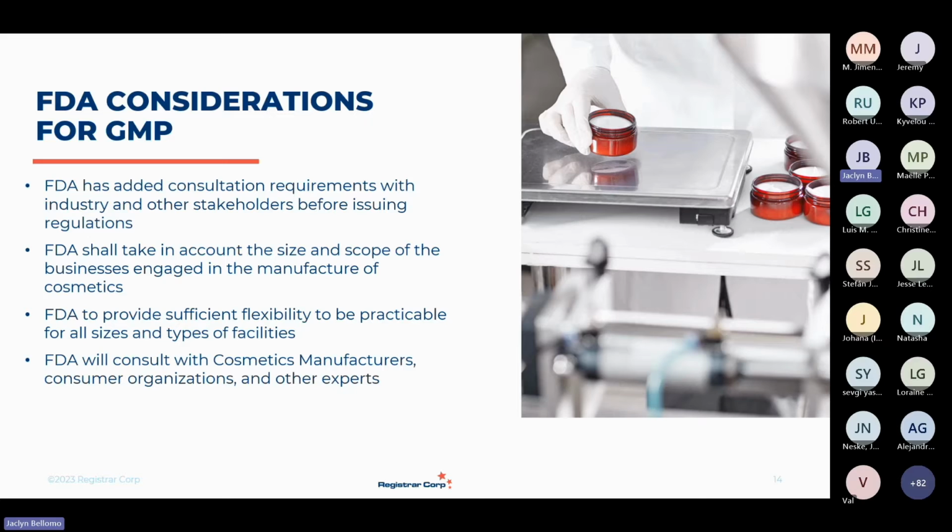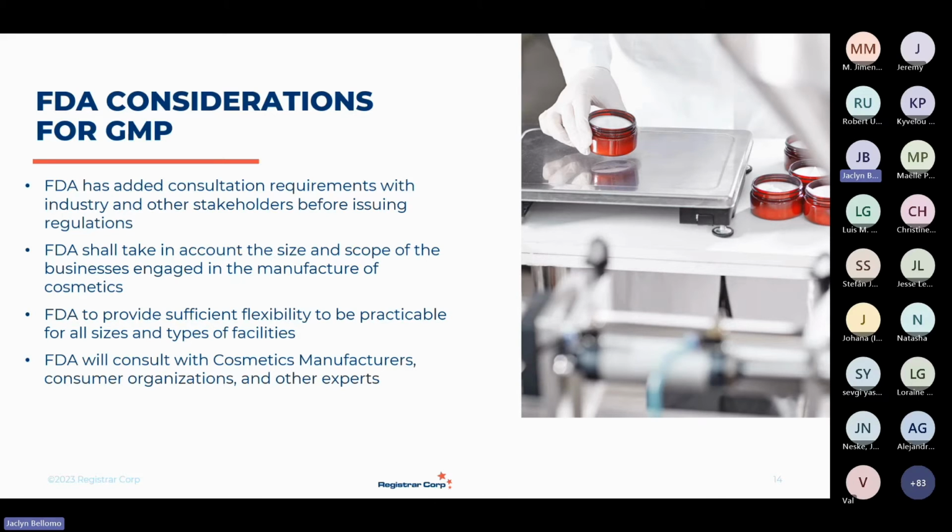So very important that FDA is going to take into account the size and scope of a business engaged in the manufacture of cosmetic products, and then FDA to provide sufficient flexibility to be practicable for all sizes and types of facilities. FDA will consult with contract manufacturers, consumer organizations, and other experts to understand the scope and what this means to industry, especially for those who already account for GMP requirements in other countries and those that have not had any GMP requirements in their current business.